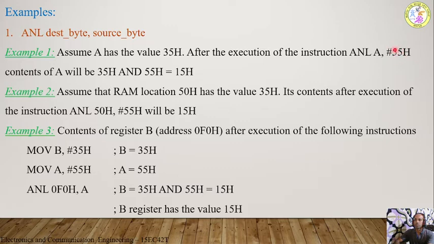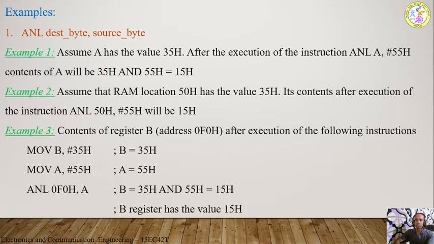The data 55 should be ANDed with the content of the accumulator, and here it is given that the accumulator contains the value 35. Now we shall do the operation: 35 ANDed with 55. 55 is the immediate data. Both are hexadecimal; the H is there, therefore it is hexadecimal data.